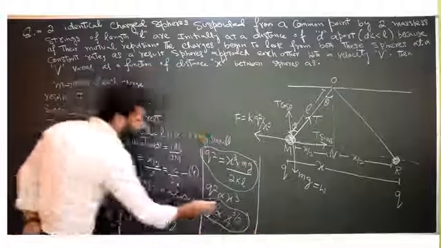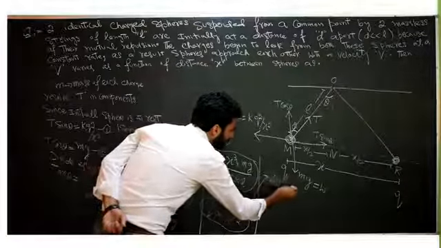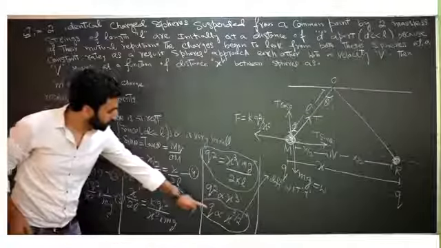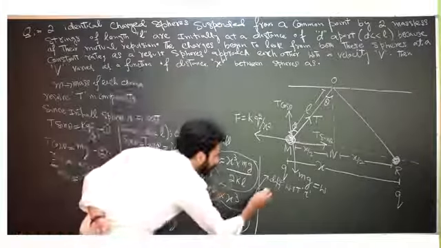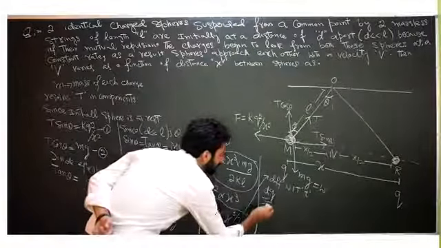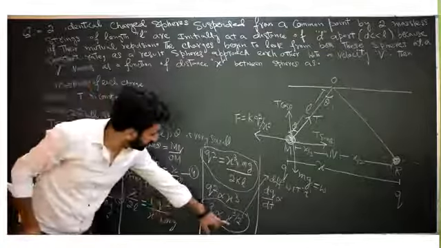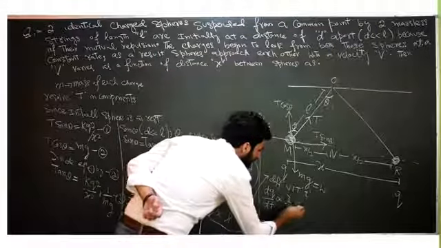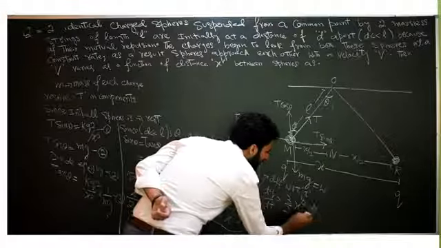Now if we differentiate this with respect to time, we'll get dq upon dt proportional to 3 by 2 times x raised to the power 3 by 2 minus 1, that's 1 by 2, into dx by dt.